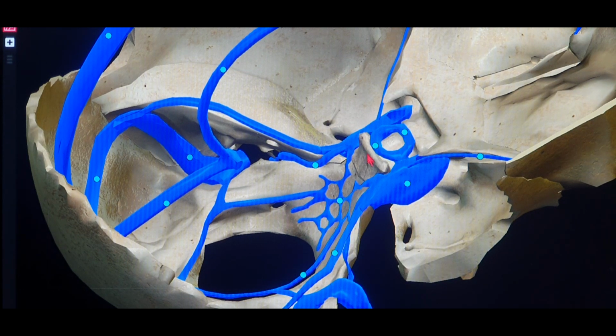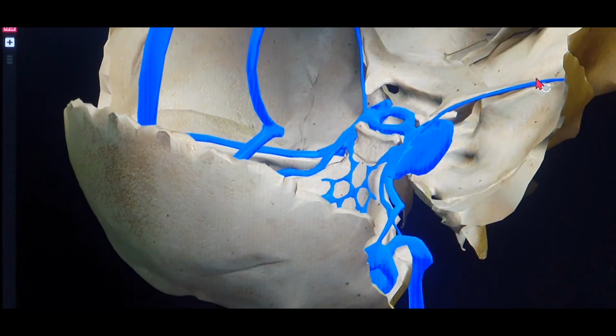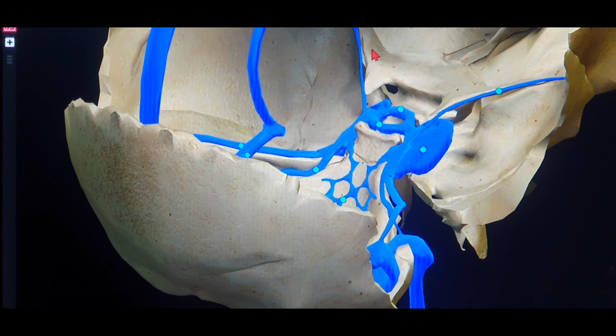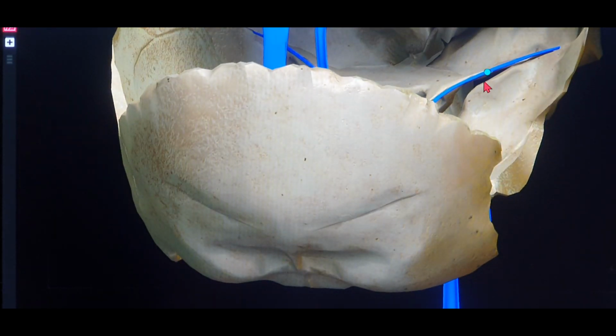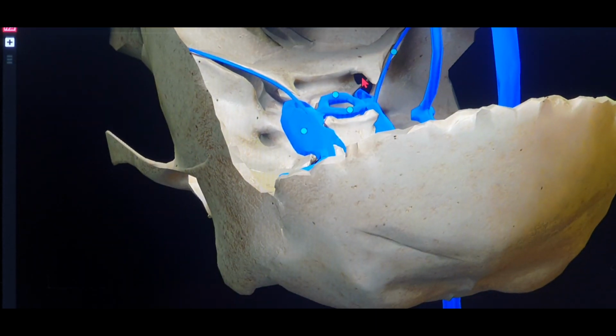That's the sphenoid bone, as I talked about last time in the ophthalmology lectures. What you can see over here is the lesser wing of the sphenoid. That's the anterior clinoid process over here. And if I can show you, that's the superior orbital fissure, that's the optic canal.